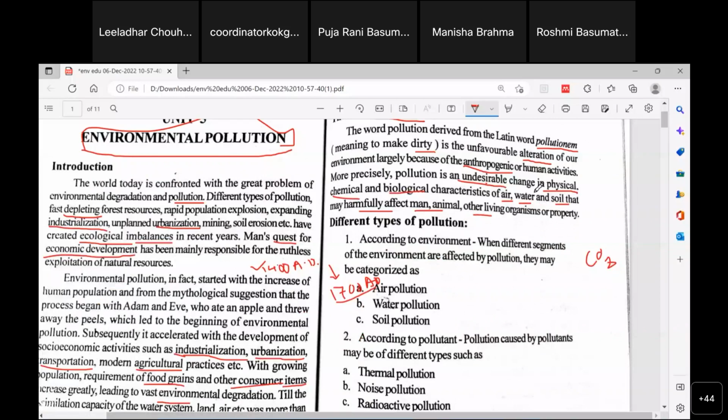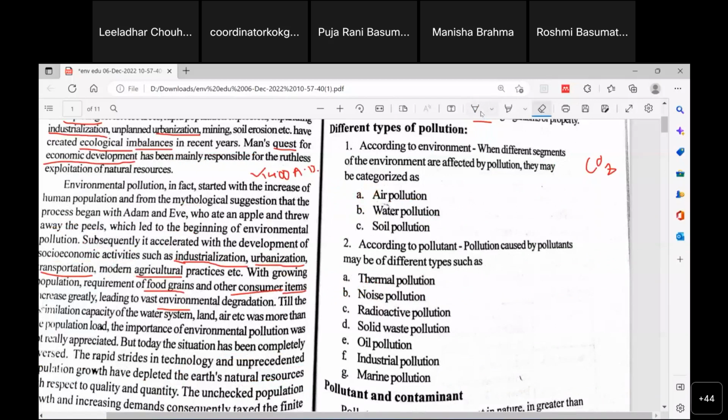So what are the different types of pollution? You will see that one is air pollution, water pollution and soil pollution, depending upon which segment of the environment is affected. If air is affected, then it is air pollution. If water is affected, water pollution.